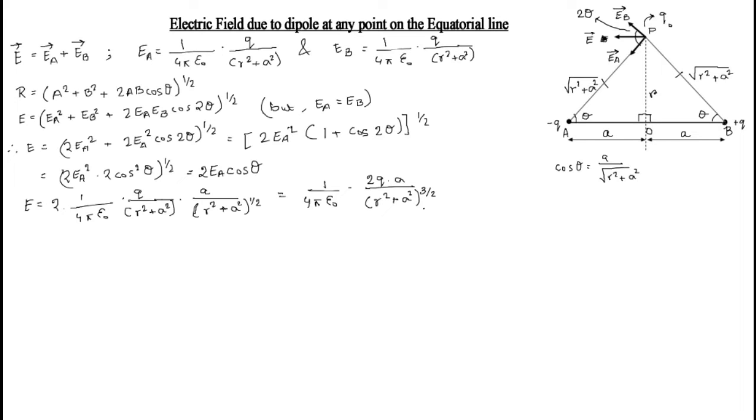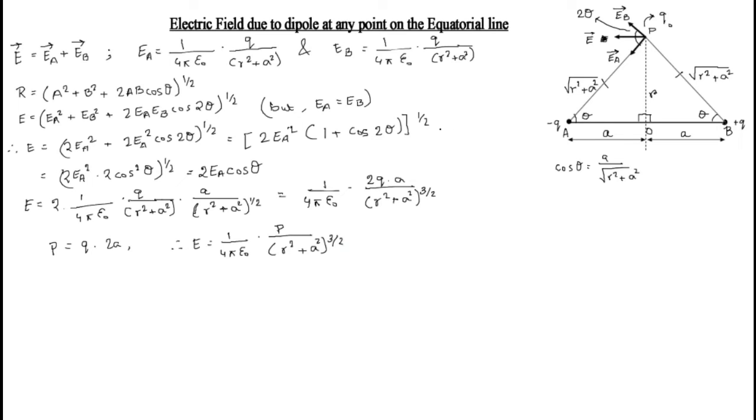Okay. Now from the concept of dipole, we know the dipole moment P is given by q into 2a. Now if we put this q into 2a over here, it turns out to be P, and therefore the electric field can be written as E is equal to 1 by 4 pi epsilon naught P by r square plus a square to the power 3 by 2.